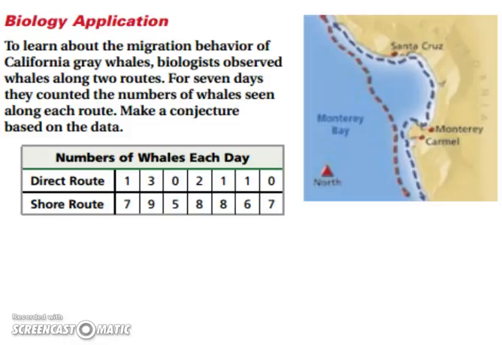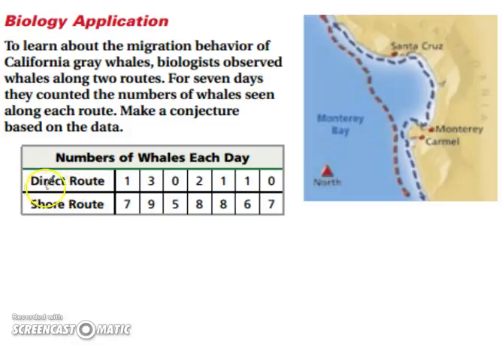Let's deal with a biology application. To learn about the migration behavior of California gray whales, biologists observed whales along 2 routes. For 7 days, they counted the number of whales seen along each route. Make a conjecture based on the data.